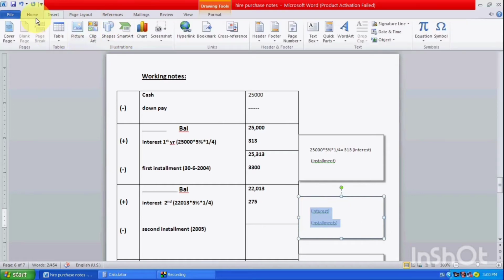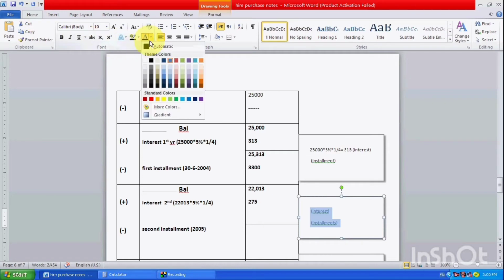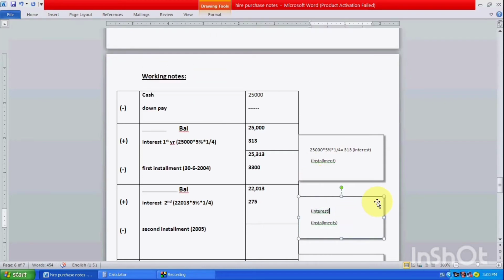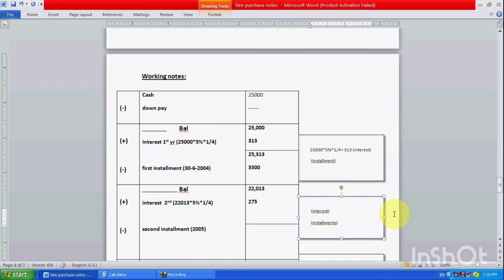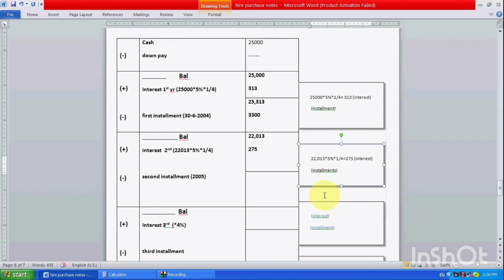Okay, so let's see some working notes here for interest. 22,013 into 5% into 1 divided by 4, we will get interest 275.